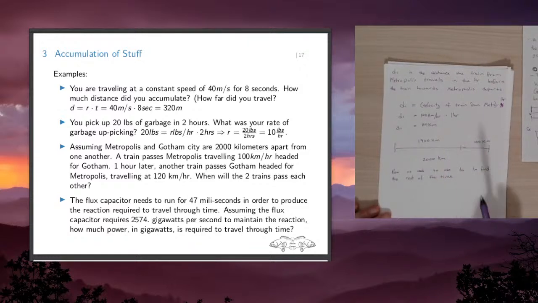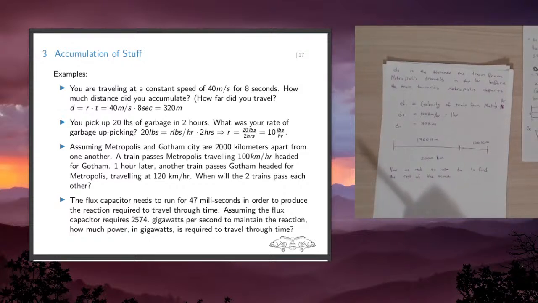We know it's going to take at least 1 hour for these trains to cross because the other one doesn't even start until an hour after this one has left. So there's no possibility of them meeting in that first hour. It's got to be some time after that, and that's our goal, right? We need to find out when these will pass each other.